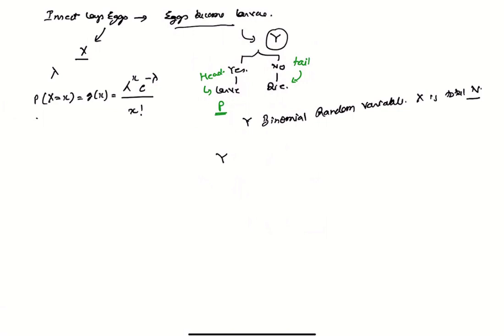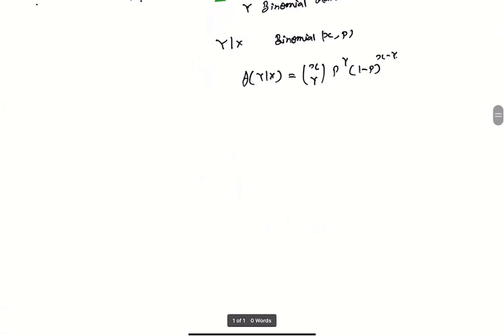So Y given X is binomial with parameters X and p. So f of y given x is going to be (x choose y) p^y (1 minus p)^(x minus y).